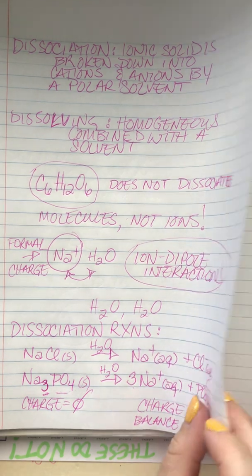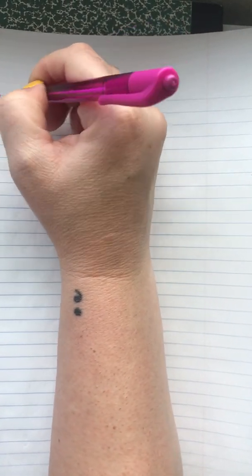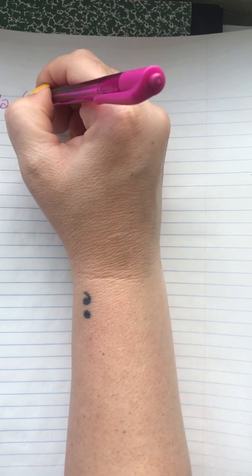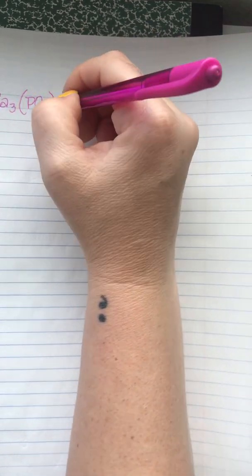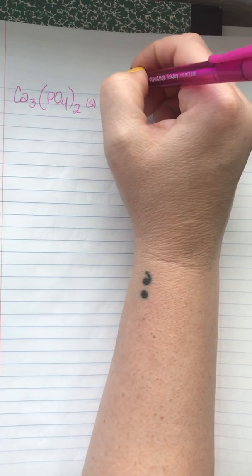Let's do one more example that's a little bit trickier. So, the dissociation of this guy, right? What ions are going to be formed?